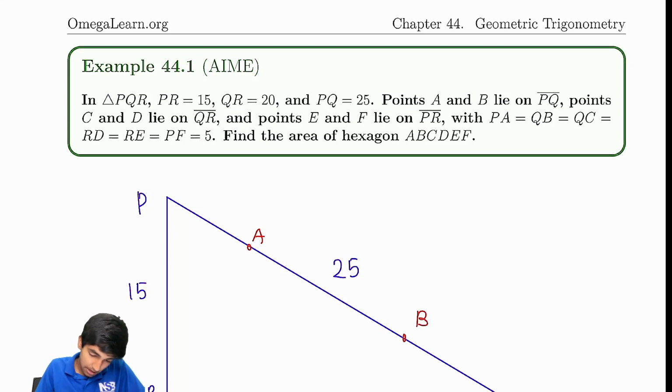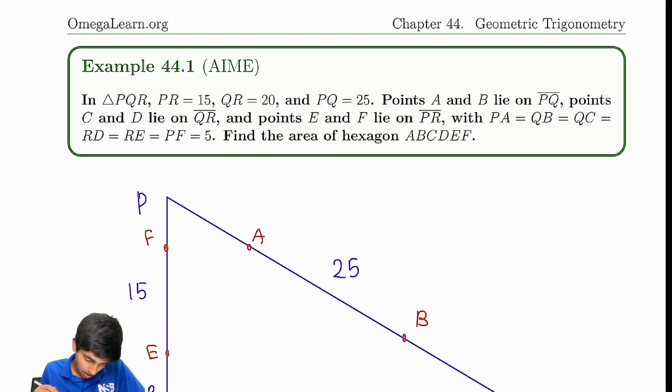And we've got an E and an F as well. Okay, what do we have here? PA is QB, QC is RD, RD is RE, RD is RE is PF is 5.